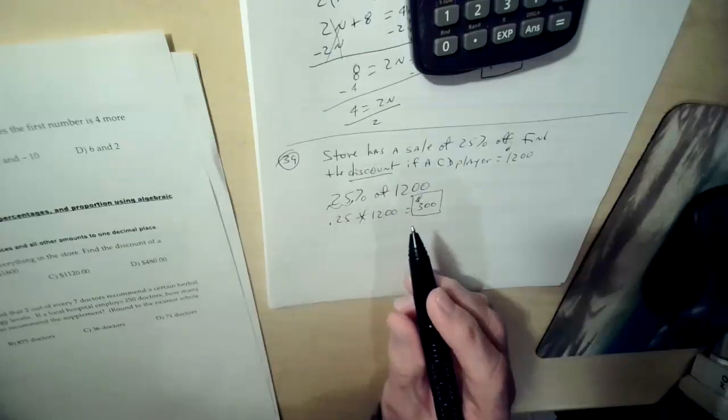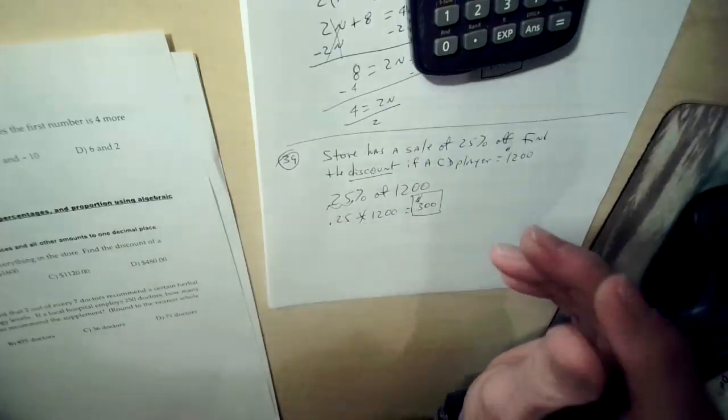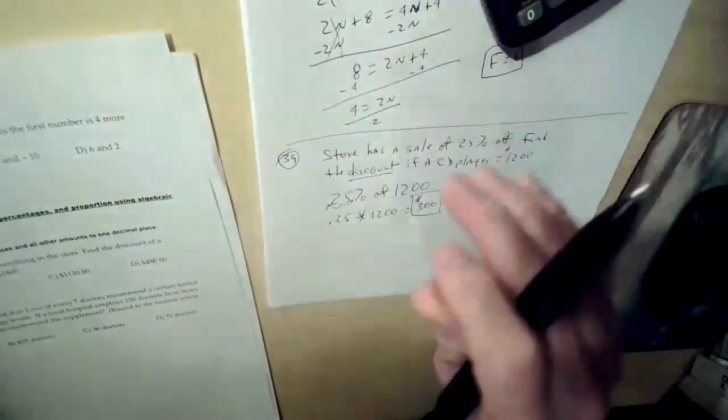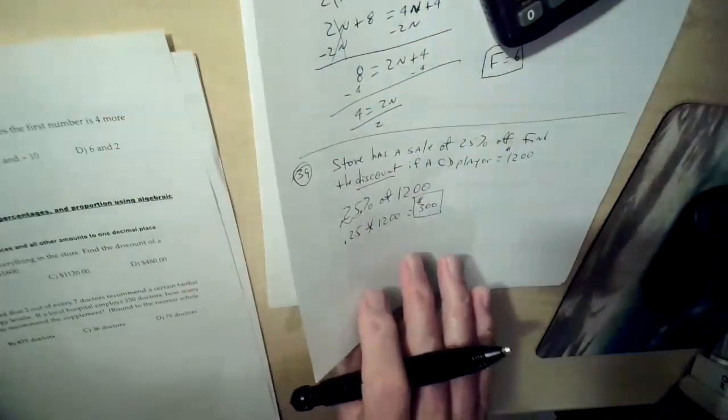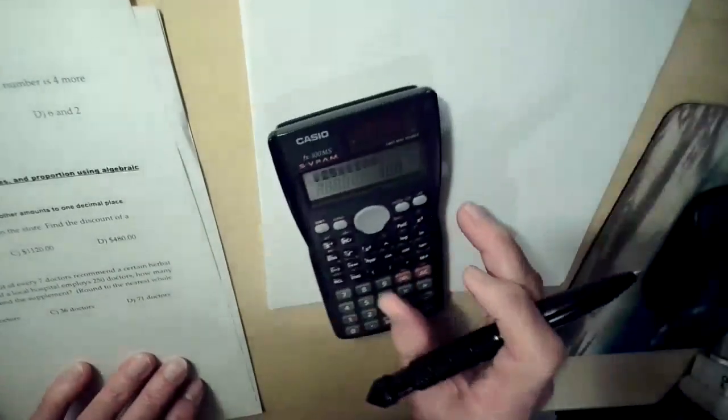Okay. Remember, the only thing you need to be aware of here is you have to move the decimal point. You cannot take 25 times that. It's 0.25. You have to move the decimal point in order to get that.